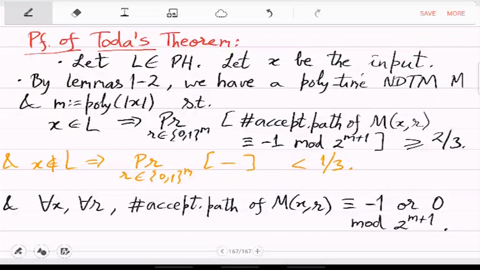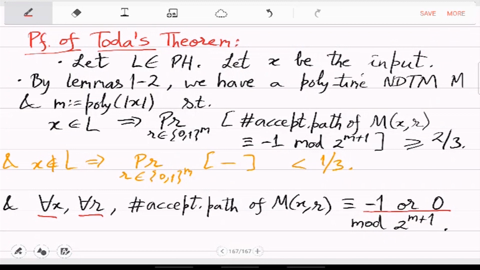So it takes only two values, no matter yes or no string and which random string you choose. This is because to begin with, the parity is only 0 or 1 mod 2, and this will get lifted to only two values, 0 and -1 respectively. So there are only two possibilities mod 2 raised to m plus 1, and they happen with the correct probability. This is what we have learned till now.